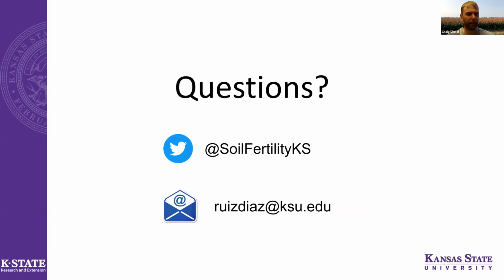All right, and another one here. Thinking of streaming on liquid on the surface for milo because it's cheaper to use liquid now versus dry. How much tie up will I get in the residue? The residue is wheat stubble and milo stubble, and should he consider using a stabilizer?